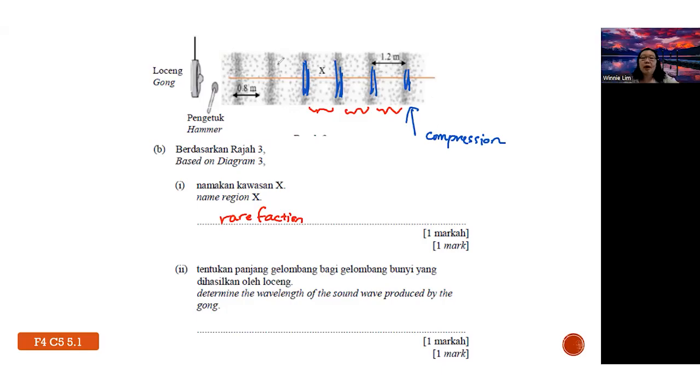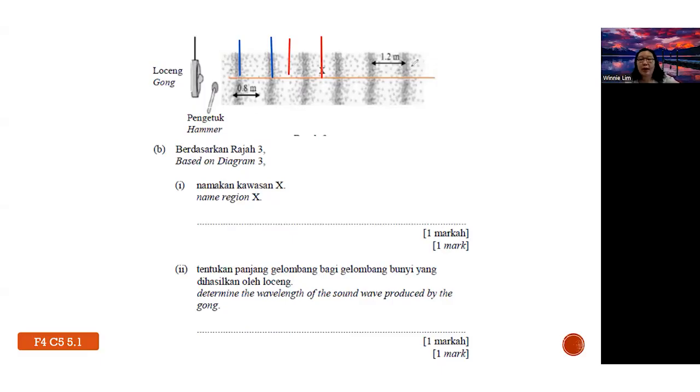Then how do you get the wavelength from the diagram for sound wave? Basically, to get the wavelength, you either calculate from one compression to the next compression, or you can also get the wavelength from one rarefaction to the next rarefaction. Given the values in the diagram, you have 0.8 and 1.2.